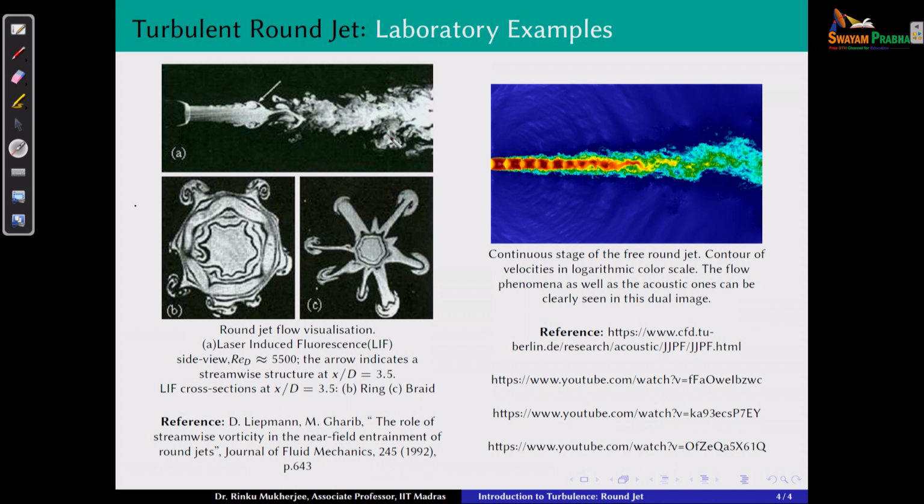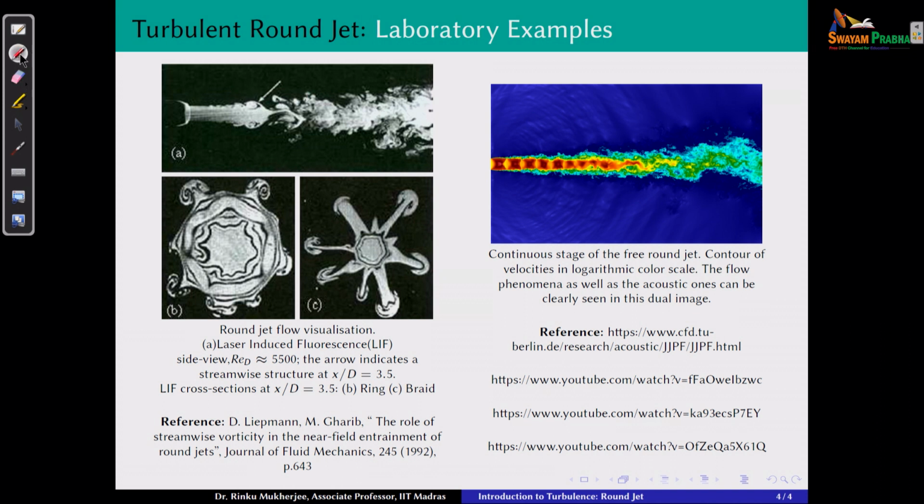This is a flow visualization using laser induced fluorescence, and this is the side view of that. The Reynolds number based on diameter, so along this axis will be your diameter, is around 5,500.